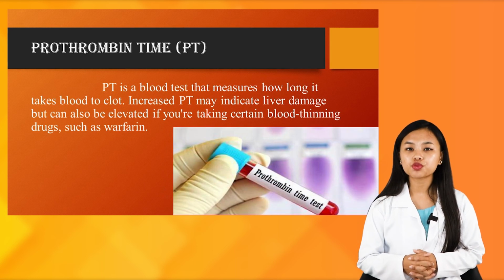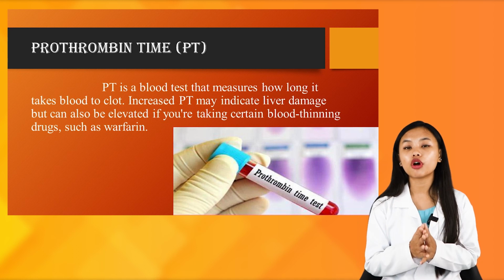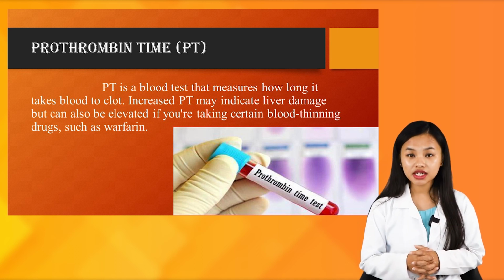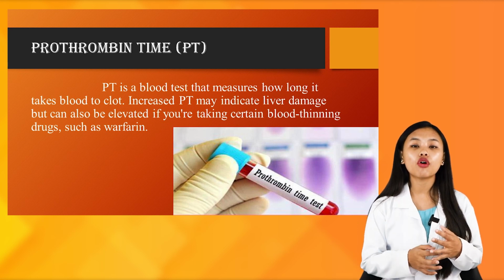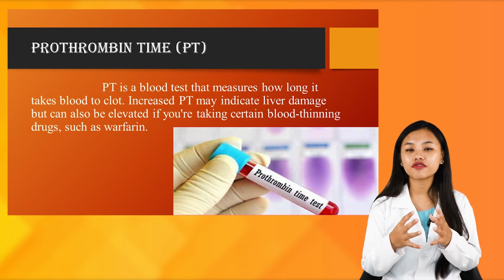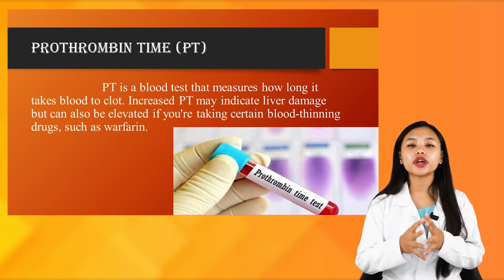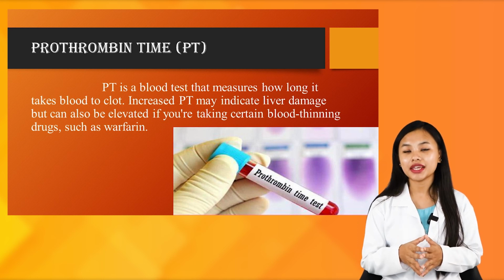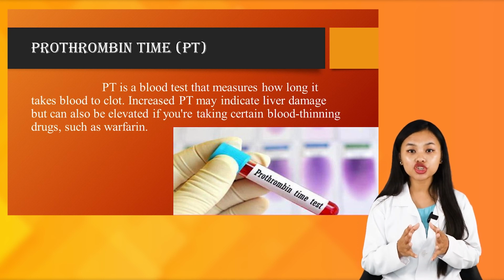Moving on to the last one, which is the prothrombin time. This prothrombin time is a blood test which is done in order to determine how long it takes for the blood to clot. So if the prothrombin time is increased, then it can indicate liver damage.